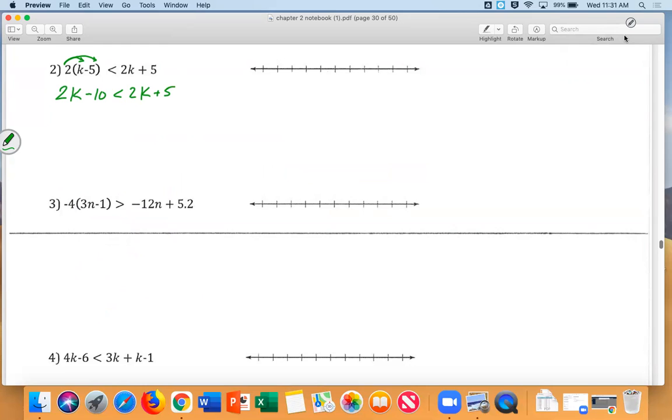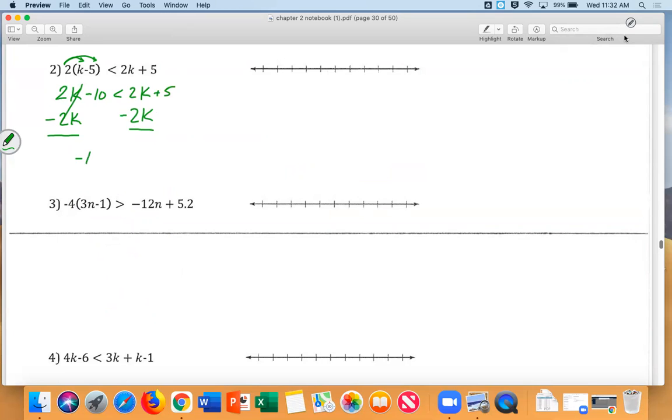Jules, do you see how there's both 2k's on either side? I do see that. So how do I get rid of a plus 2k? Minus 2k. So we're going to subtract the 2k on the left-hand side, and we're going to do the same thing on the right-hand side.